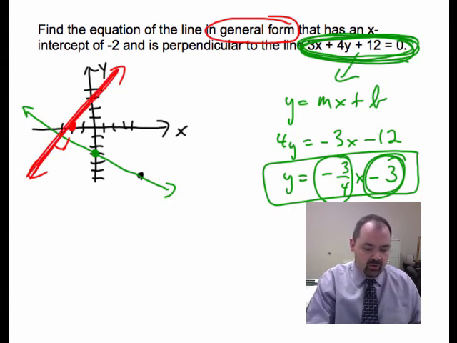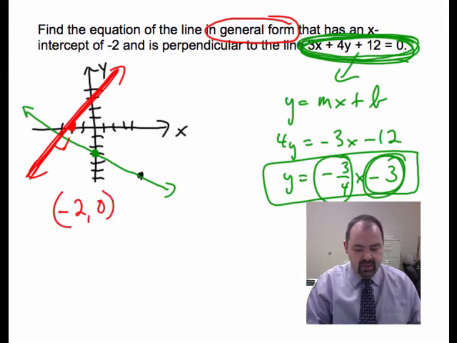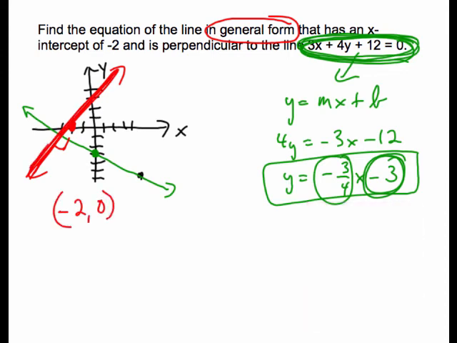The red line, we know a point that the line passes through. We also know the slope of this red line because since it's perpendicular to the green line, the green line's slope is negative 3/4. Therefore, the line in red is the negative reciprocal of this, which is 4/3.